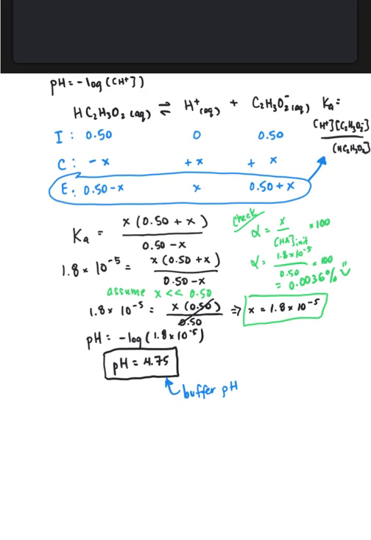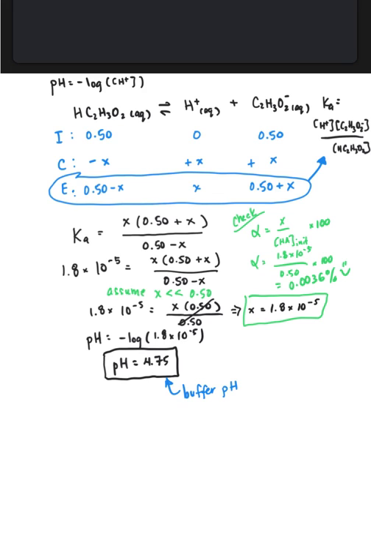A buffer's pH will remain more or less constant even as we add some foreign source of acid or base to it. If we add some hydrochloric acid to this buffer, its pH will remain very close to 4.75 and won't decrease significantly. If we add some sodium hydroxide to this buffer, its pH will remain very close to 4.75 and won't increase significantly.